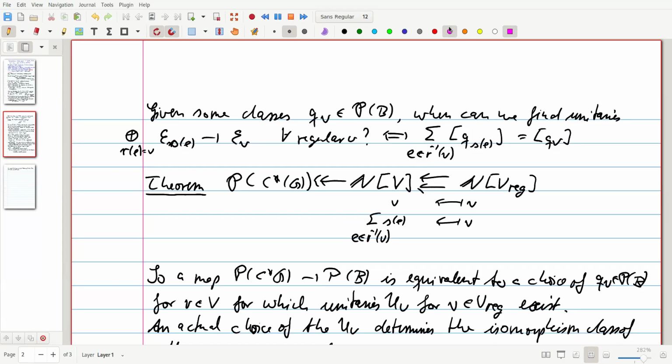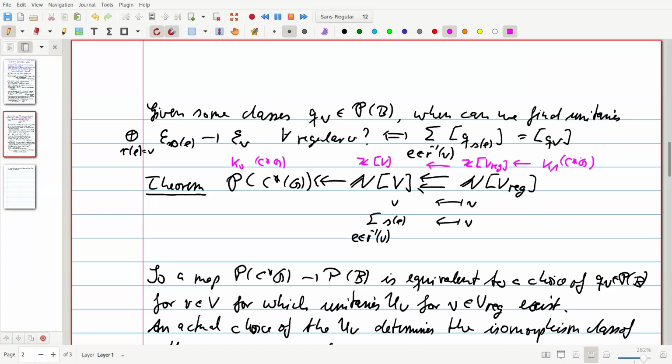So if instead of this P of C star G, I was interested in K0 of C star G, then you would of course take Grothendieck groups of everything. And then you can take differences, so you can actually just take the difference of these two maps. So this is just the difference between this map and that map. And the kernel of this map is what is K1 of my graph C-star algebra.